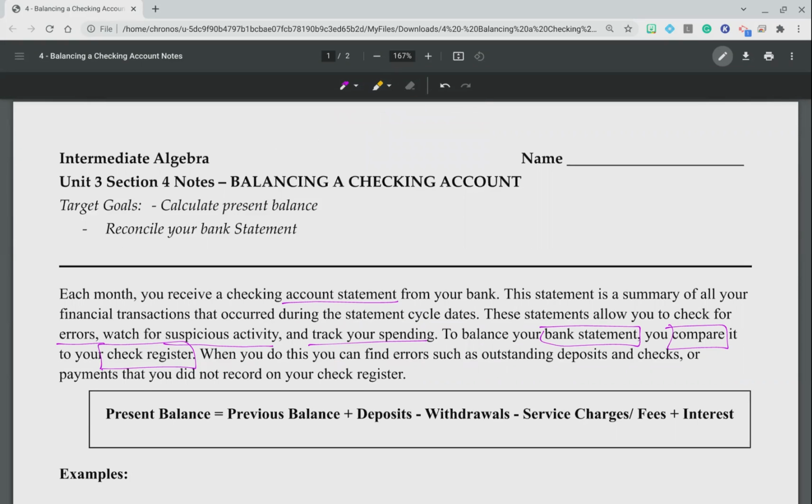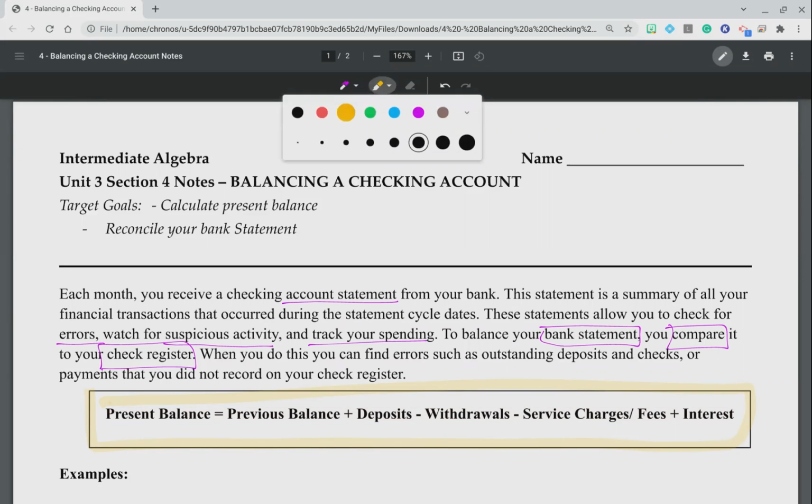So this is our equation we're going to use for finding our present balance. Similar to what we were doing before, you're going to take the previous balance. You're going to add the deposit. You're going to subtract the withdrawals.